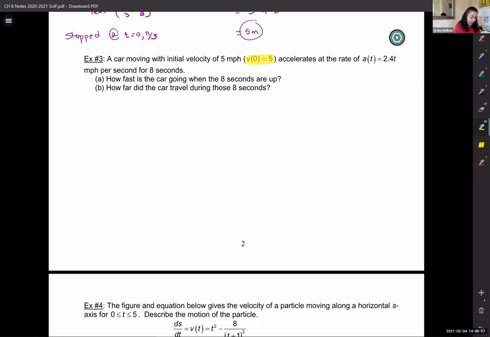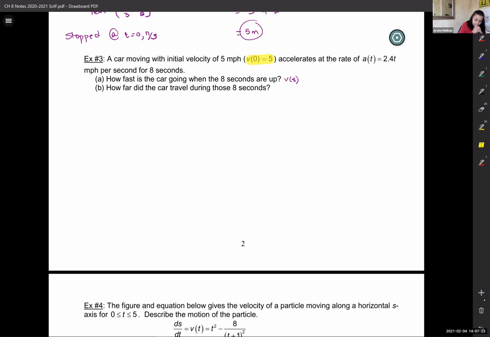So take a look at this. How fast is the car going when the 8 seconds are up? Let's think about this for a minute. You want to know how fast the car is going after 8 seconds? That means you want to know the velocity at 8 seconds, v of 8.